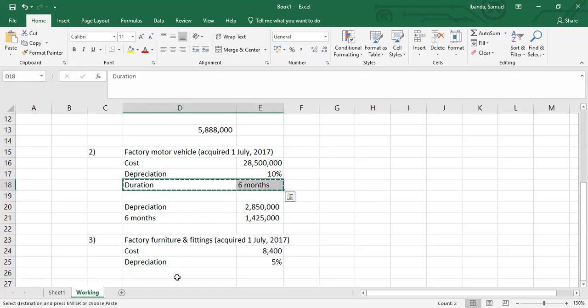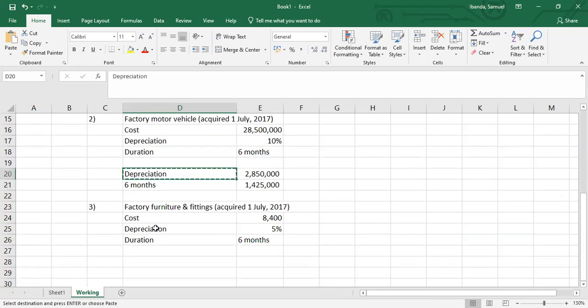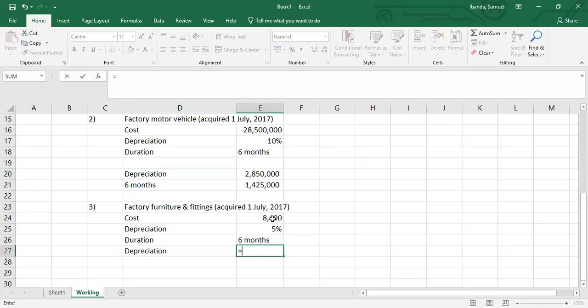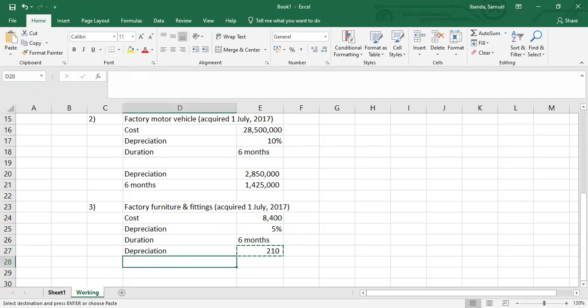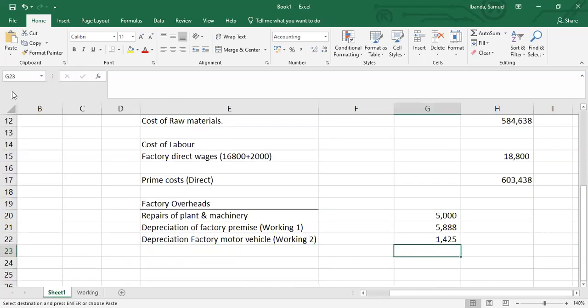You don't need to forget, okay? So if I'm calculating depreciation, it will be this times 5% times 6 divided by 12, which gives me 210. That is my working 3. At least I know that you understand that, even if I've done it very quickly. I know you understand it very, very well.